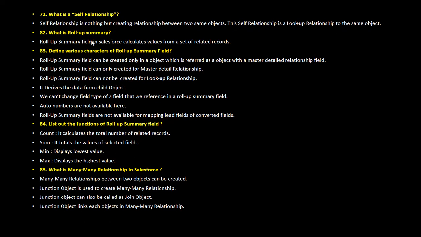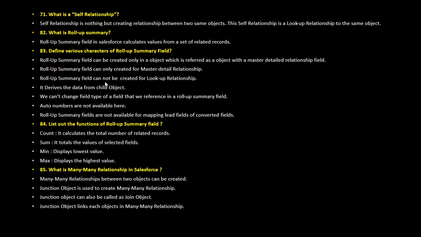Next question, what is a roll-up summary? A roll-up summary field is a Salesforce calculated value from a set of related records. Next question, define the various characteristics of roll-up summary fields. Roll-up summary fields can be created only on an object which is the master in a master-detail relationship.